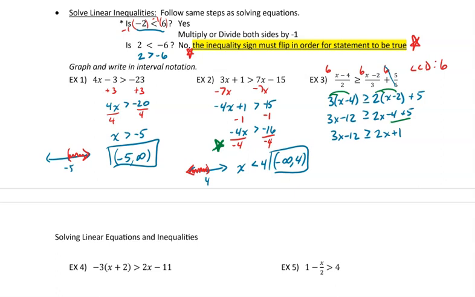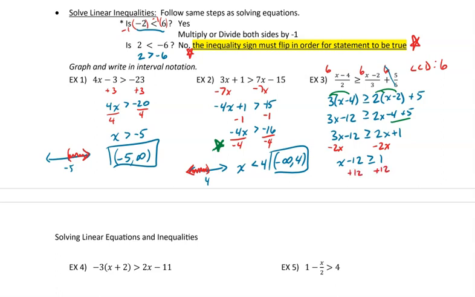Okay, we want to get x on one side now. So subtract 2x. We got x minus 12 is greater than or equal to 1. And luckily only one more step.